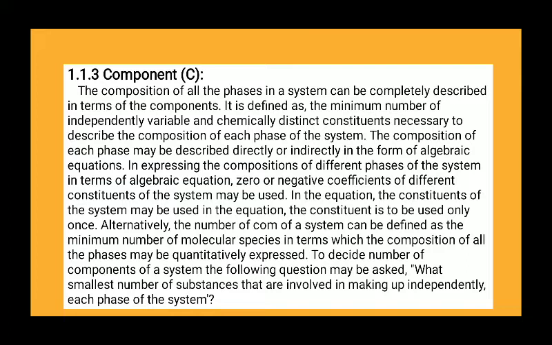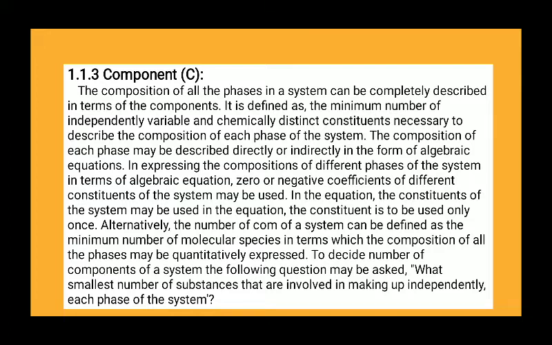In the equation, the constituent of the system is to be used only once. Alternatively, you can say that the number of components of a system can be defined as the minimum number of molecular species in terms of which the composition of all phases may be quantitatively expressed.